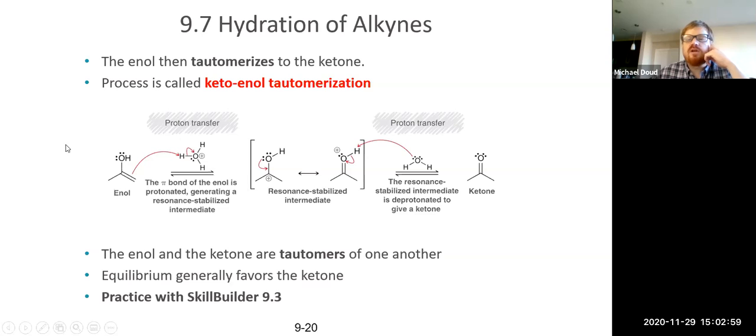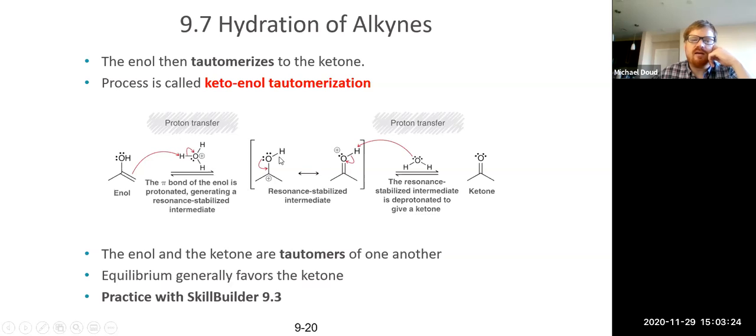So this ends up being sort of an equilibrium reaction, where if you have a proton transfer from the enol, that forms your carbocation. That carbocation can then form a protonated ketone, and then this protonated ketone can give away its proton to give you the ketone. And you can do this either way, right? This ketone can be protonated.